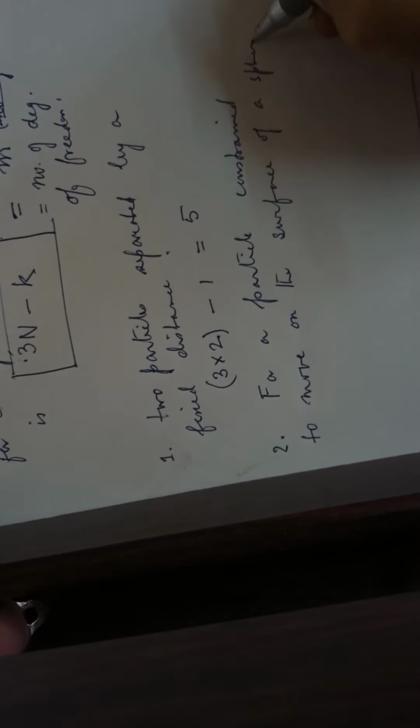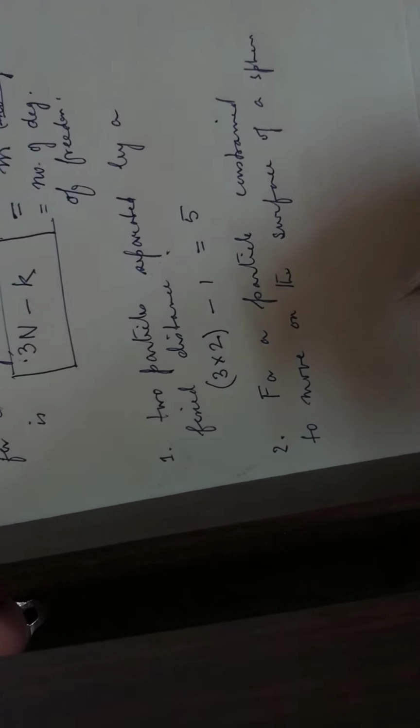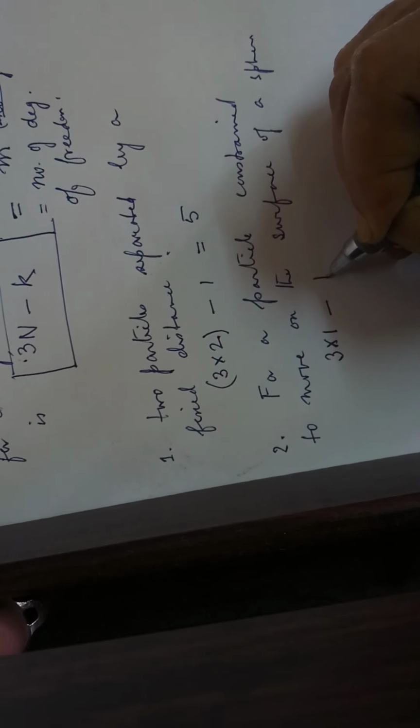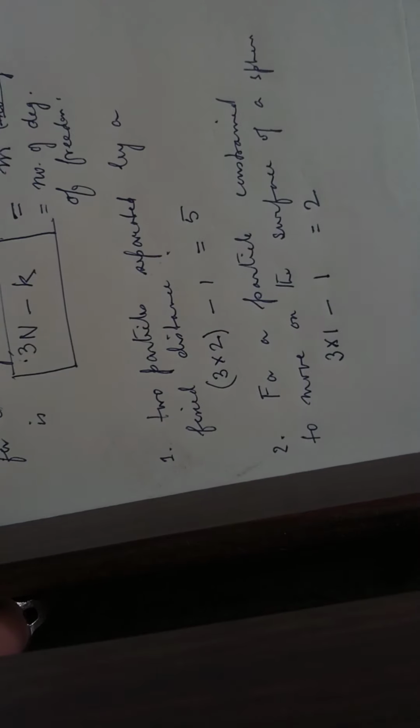Okay, so how will you get its degrees of freedom? So one particle, so 3 into 1, and then you have how many constraints? 1 constraint. Okay, so radius should be equal to a, the radius of the sphere. All right, so the number of degrees of freedom is equal to 2.